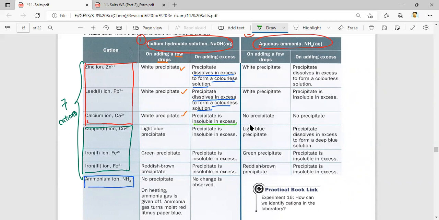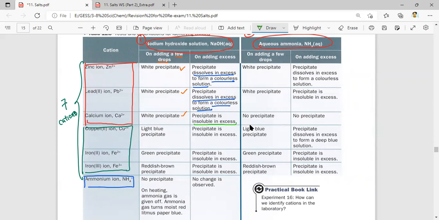That means you can add a lot more, and the precipitate will still remain there. That's why we say it's insoluble in excess. So sodium hydroxide can help me differentiate calcium from the zinc and lead ions. Based on what is observed, you can know what the cations are.